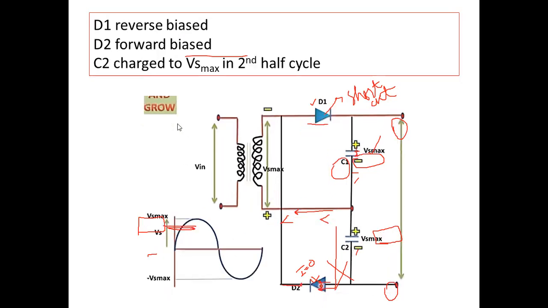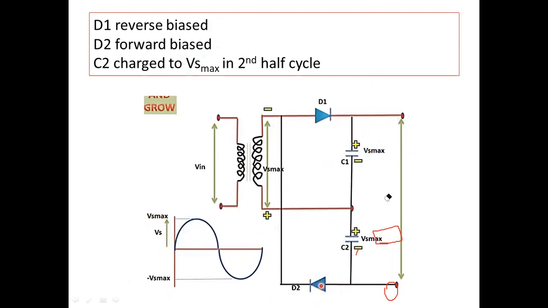So now when we have the second half cycle, this becomes positive and this is negative. Now D2 will be forward biased and D1 will be reverse biased. It means D2 acts as a short circuit for the current flow, and D1 acts as an open circuit.